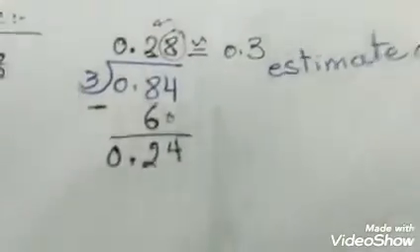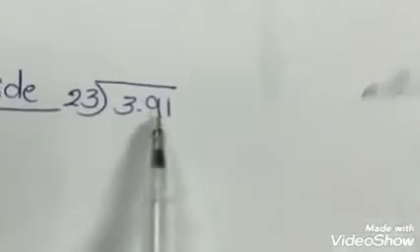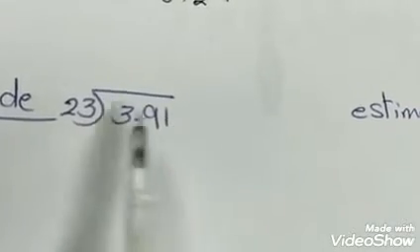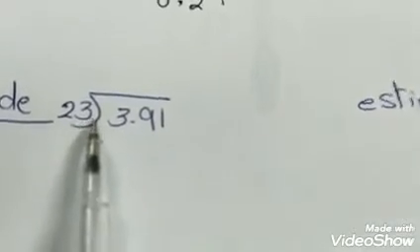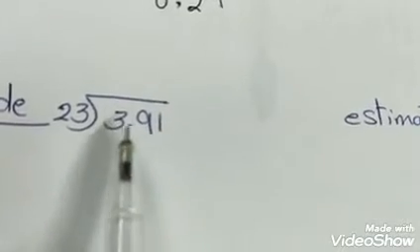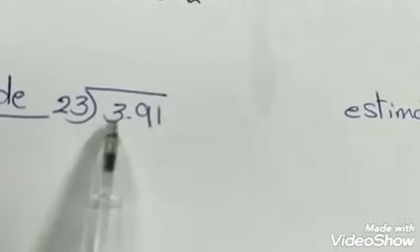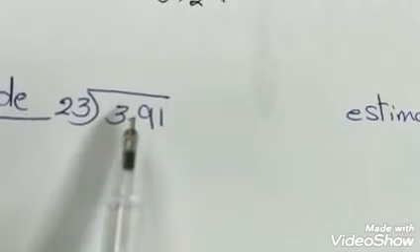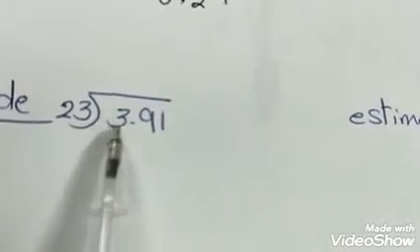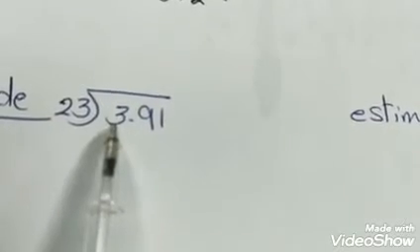Okay, so another example. 3.91 divided by 23. Now if I approximate the 391 to the nearest hundred, it will be 400, or to the nearest whole number, it will be 4.